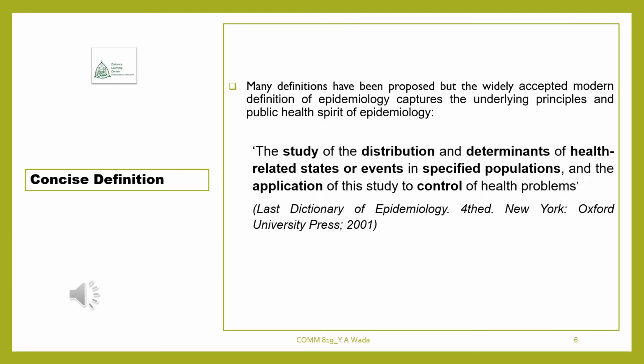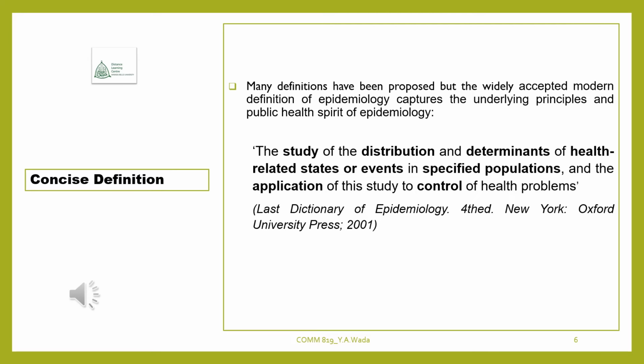The definition is given by Last, in the Dictionary of Epidemiology, 4th edition, 2001: epidemiology is the study of the distribution and determinants of health-related states or events in specified populations and the application of this study to control of health problems.